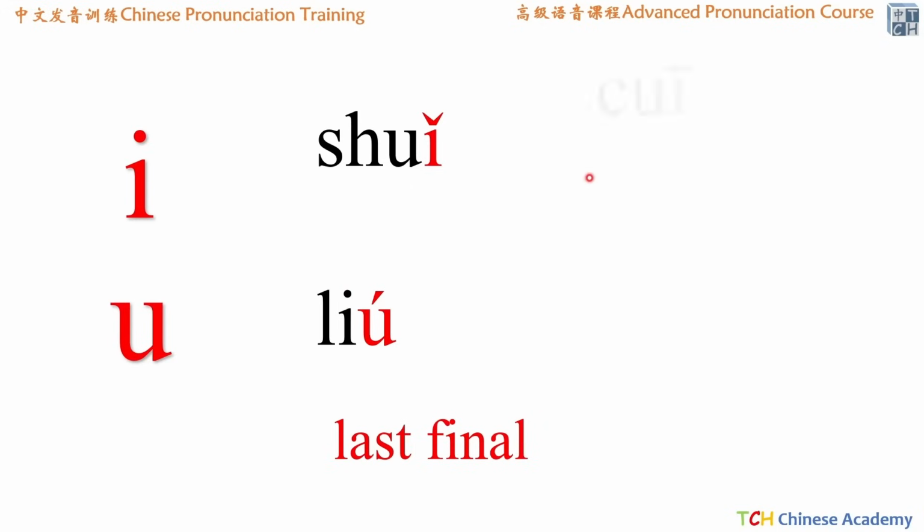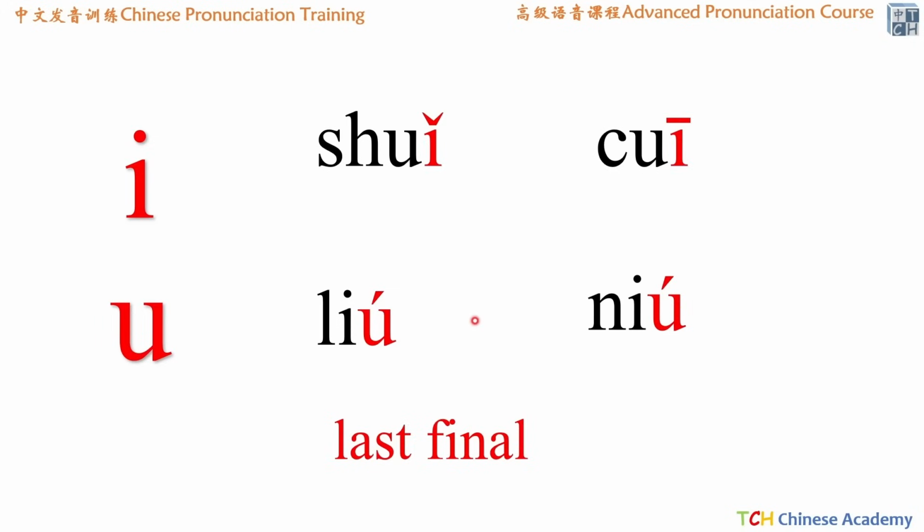Then let's see this one. Ci, wei, cui. And this one, ne, you, niu. So we can say both i and u can have a tone mark on top of them. It really depends on which one comes last.